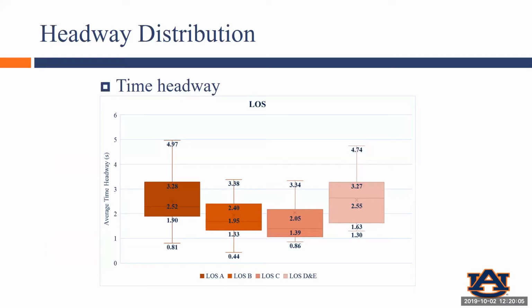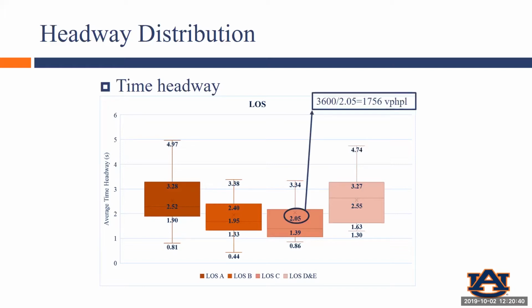We also looked at the time headway for different levels of service. We know that when the level of service gets close to capacity, people like to take a shorter headway. So we did see the time headway decrease with the increase of the level of service. Level of service C probably has the lowest time headway, 2.05.